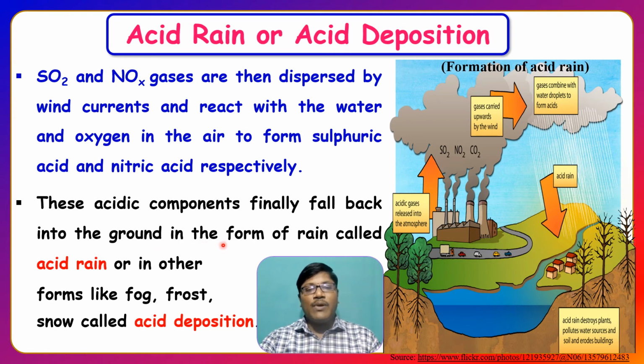These acidic components finally fall back onto the ground in the form of rain known as acid rain, or sometimes reach the earth's surface in different forms like fog, frost, snow. This is known as acid deposition.